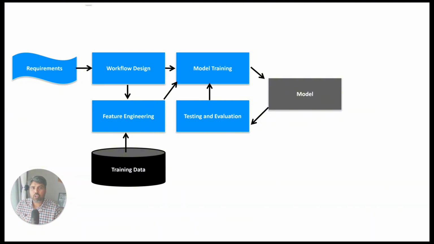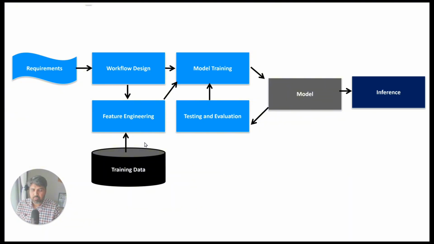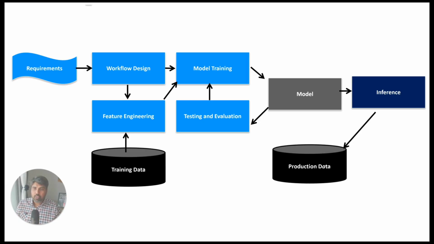It goes back and does the model training again. The whole cycle happens until the data scientists are happy with the testing and evaluation. Then after this model is finalized, we save it as an inference, which we later use on the production data, where it is live, it is hosted. So this is the final inference that we are using in production.